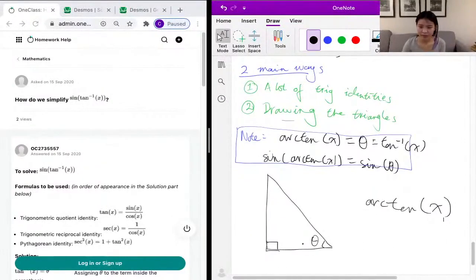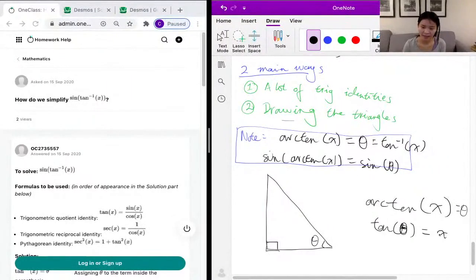Again, we know that the arctan of x is equal to this angle. Writing it over here again, the tangent of the same angle is equal to x.